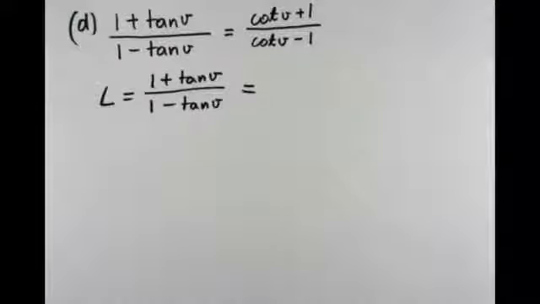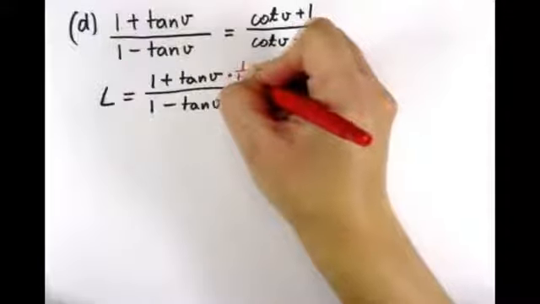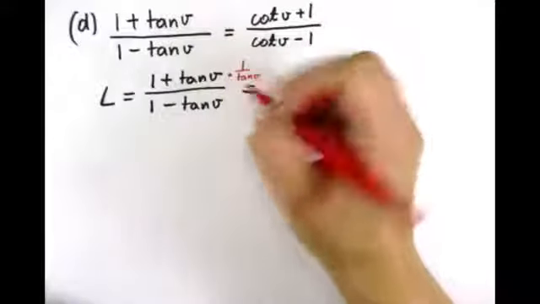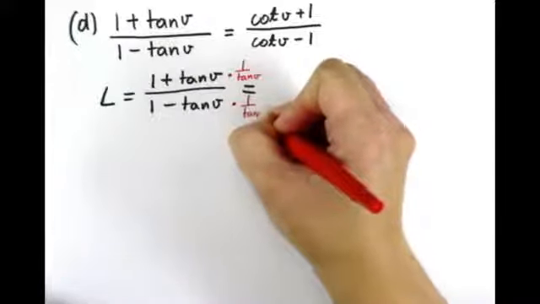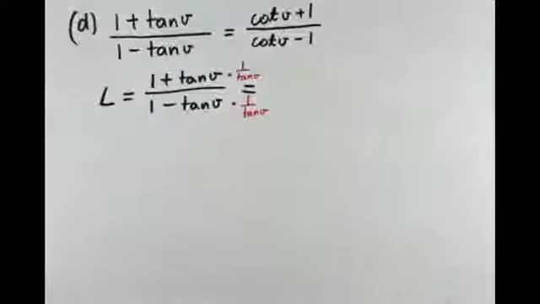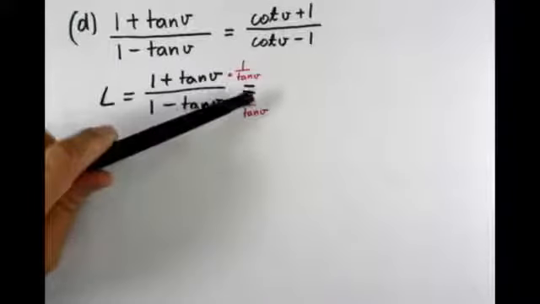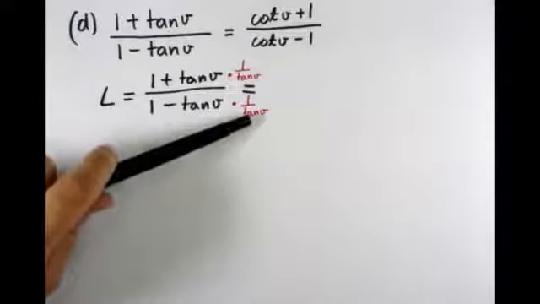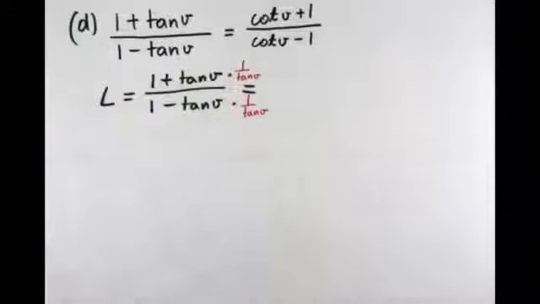So what I'm going to do is multiply by 1 over tangent. If I do it on the top, I need to multiply the bottom by 1 over tangent V. Every term, I'm going to multiply by 1 over tangent V. I can do it because 1 over tangent divided by 1 over tangent gives you just 1. So I'm going to multiply each and every term.